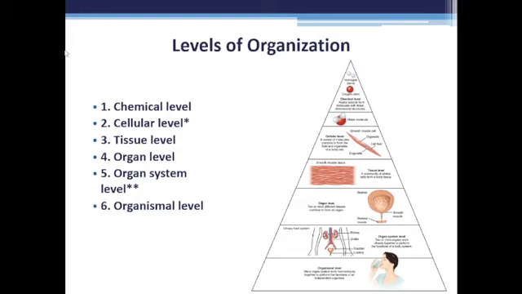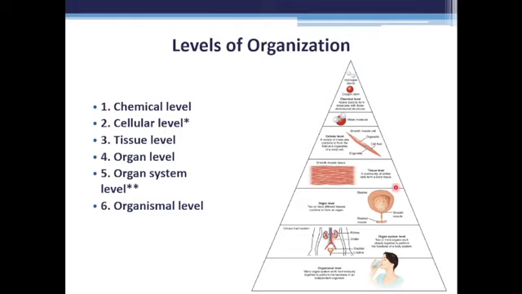Next, when those tissues come together, they form an organ. Organs contain two or more types of tissues. The organ level is made up of discrete structures that are composed of at least two groups of tissues that work together to perform a specific function of the body.